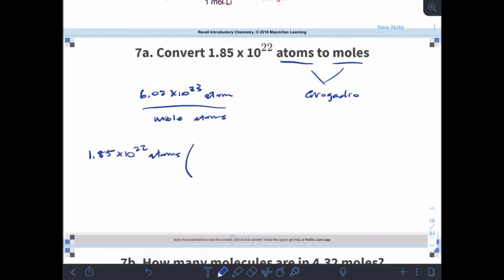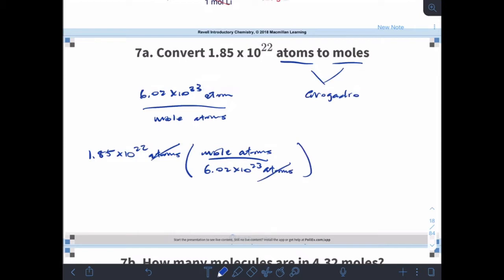And I'm going to write a conversion that has number of atoms on the bottom and moles on top. Okay, that way the atoms cancel out, and I'm left with moles of atoms.